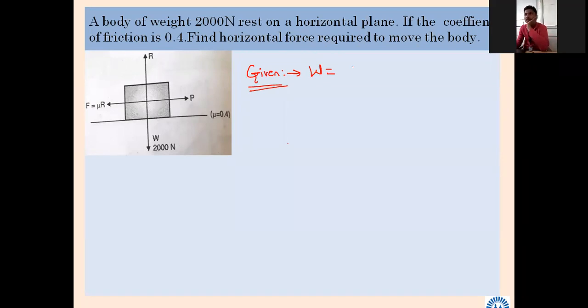How much is it? 2000 Newton. What else is given? Mu. How much is it? 0.4. What are we supposed to find? P. Correct. Okay. What have you done then?